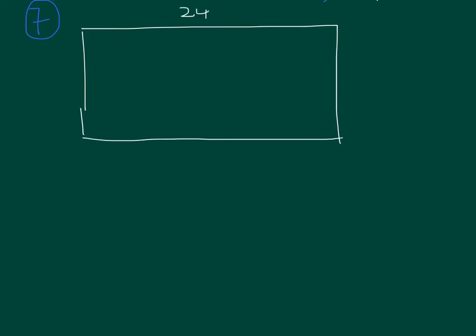Kenny has a large sheet of paper measuring 24 by 10. Okay, so this is 24 cm. This is 10 cm. He wants to cut squares from this sheet of paper. If the length of each square is 4, what is the maximum number of squares he can cut from the large sheet of paper? Alright, so let's talk about the breadth first. He could only cut 2 squares because there will be 4 cm, 4 cm, that will be 8 already, and you're left with a 2 cm gap here.